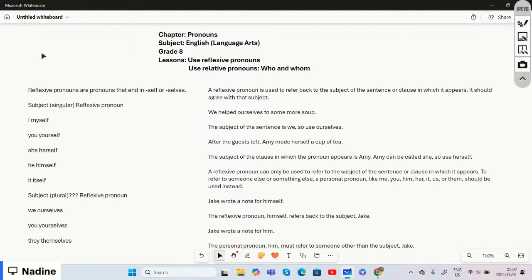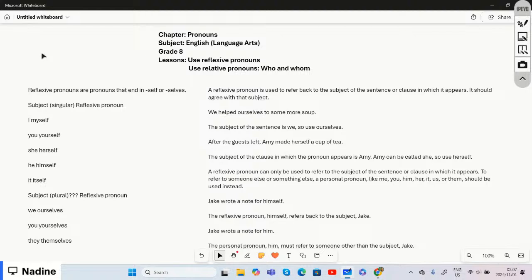All right, so when it comes to pronouns, firstly a pronoun takes the place of a noun. And with our pronouns, we have reflexive pronouns, and in this case, we also have relative pronouns.